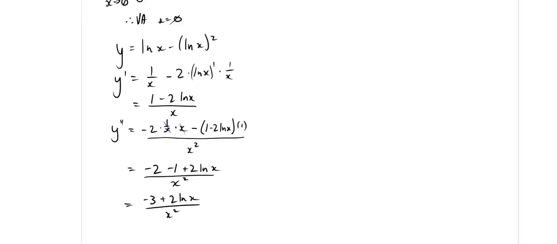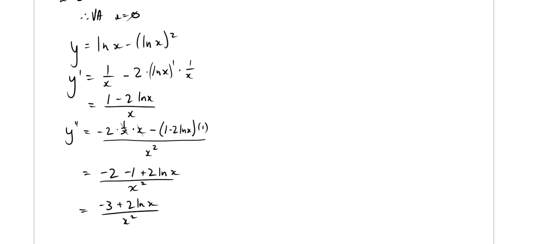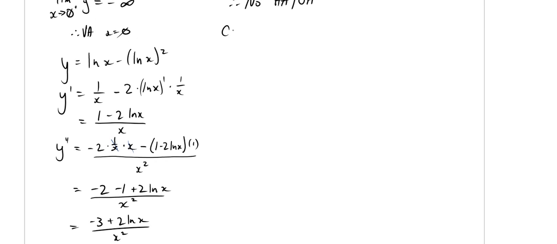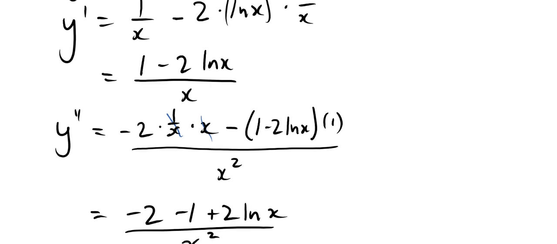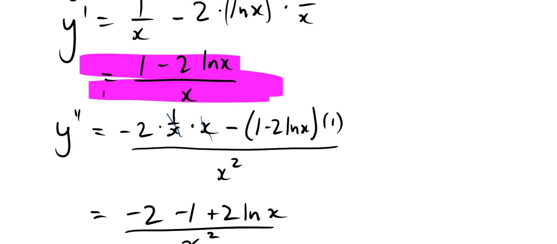Okay, so let's take a look at critical values. This is where y prime does not exist or equals 0. So y prime does not exist when x is 0, but the whole function doesn't exist when x is 0, right? I'm looking right here. So this does have a denominator, but I don't need to worry about that.